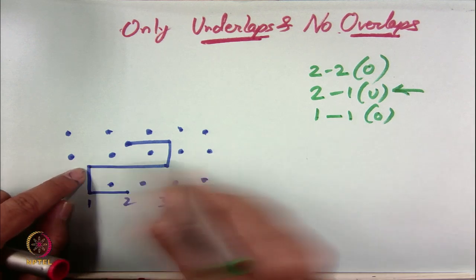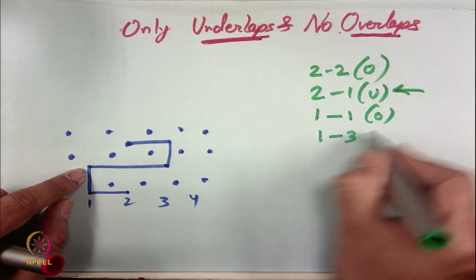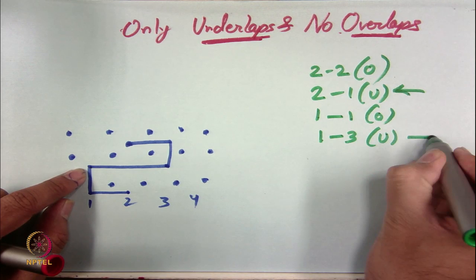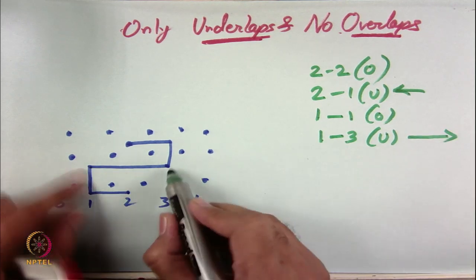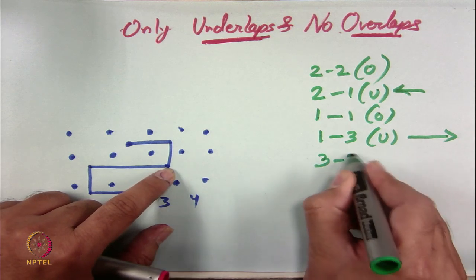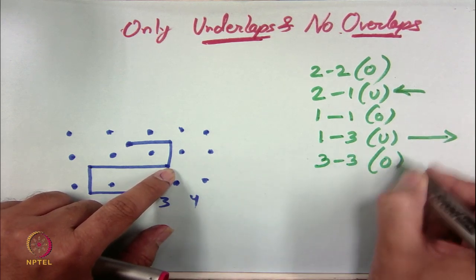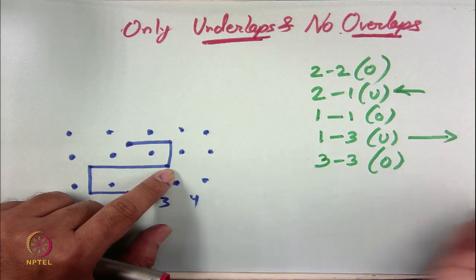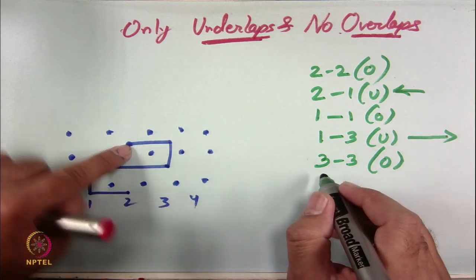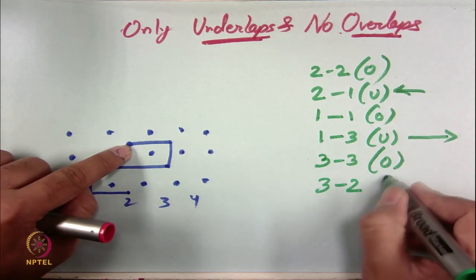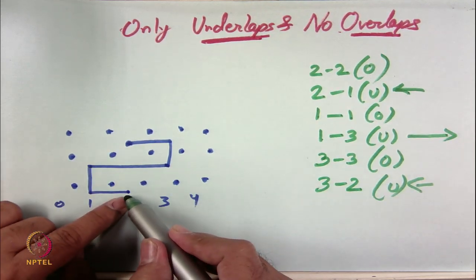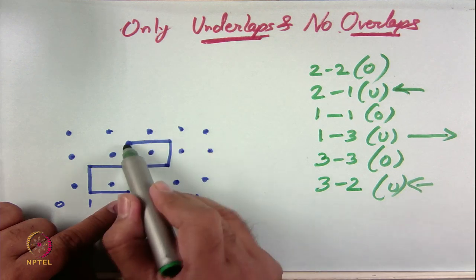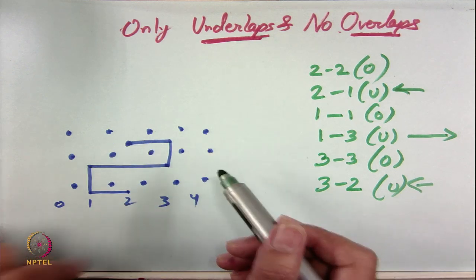After that from 1 to 3 is underlap, which is in the right direction. Then from 3 to 3 is again overlap, which is nothing. Then 3 to 2 is underlap. So, we started from second position, after 3 courses we reached the same position.